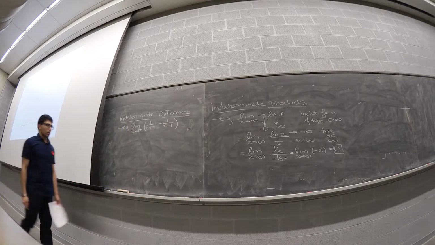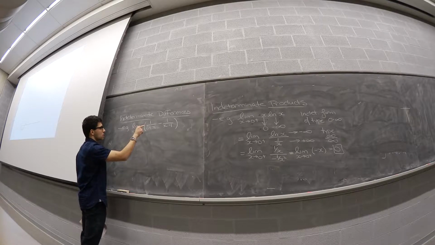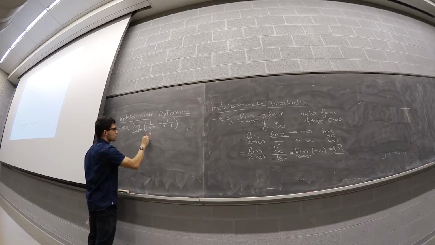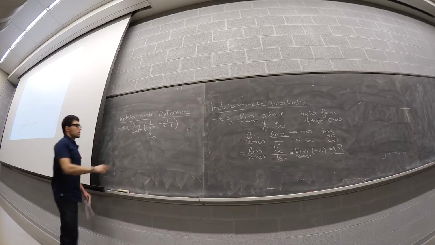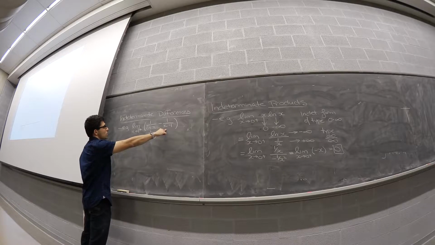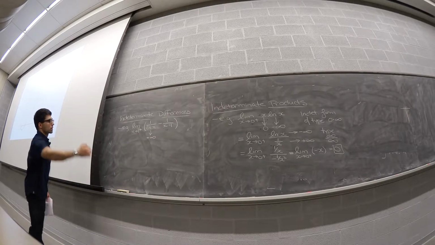All right, so what's our problem now? As we approach 1 from the right, ln x approaches 0 from above, and so this guy goes to infinity. And as we approach 1 from the right, this guy kind of looks like that.